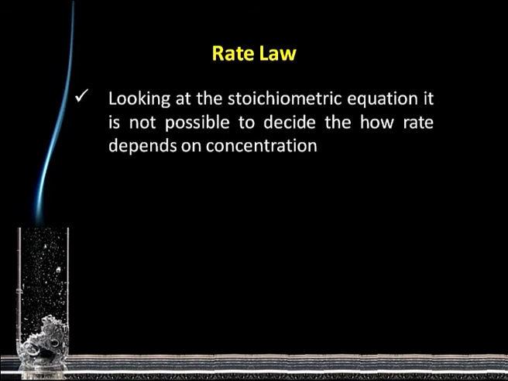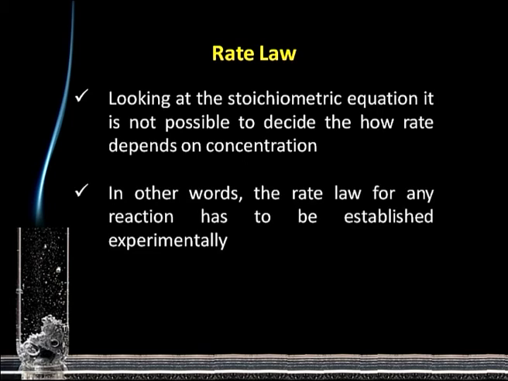Looking at the stoichiometric equation, it is not possible to dictate or decide what is going to be the dependence of rate on concentration. This has to be stressed here. In other words, the rate law for any reaction has to be established experimentally.